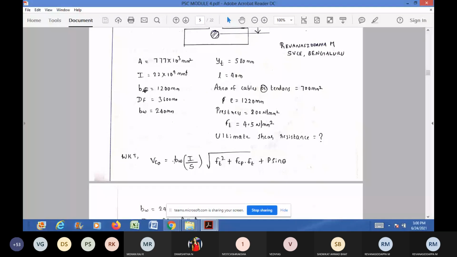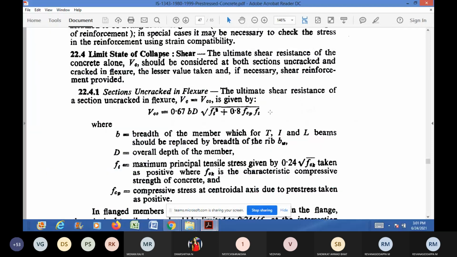Whatever formula is given, it is for a straight cable. When the cable is straight, theta will be 0, then sin theta becomes 0. So the whole term P sin theta becomes 0. That is why plus P sin theta is not given here. Remember, students, the formula given is for a straight cable.